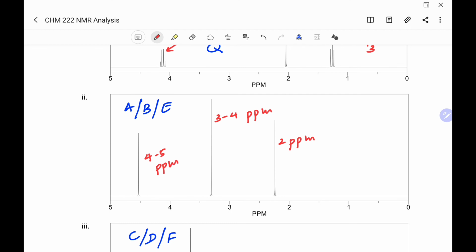So these are the splitting patterns. What we do next is go back and look at the structures and figure out which one it is. So you have a peak around 2 ppm, then 3 to 4, and then 4 to 5.